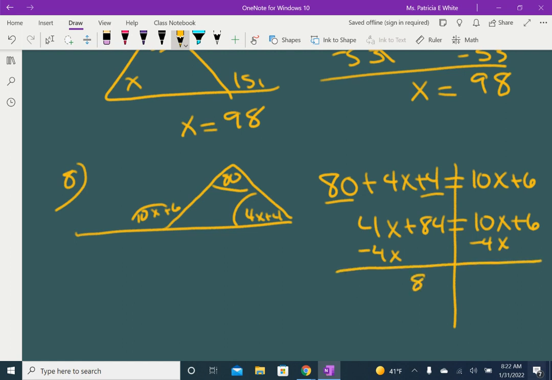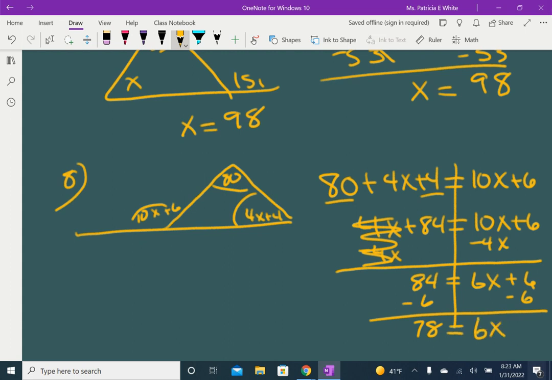And now I'm at a two-step. 84 equals 6x plus 6. That 4x canceled. 10 minus 4 is 6. Two-step equation. 6x plus 6 equals 84. So I'm going to subtract that 6 from both sides. 84 minus 6 is going to be a 78 equals 6x.